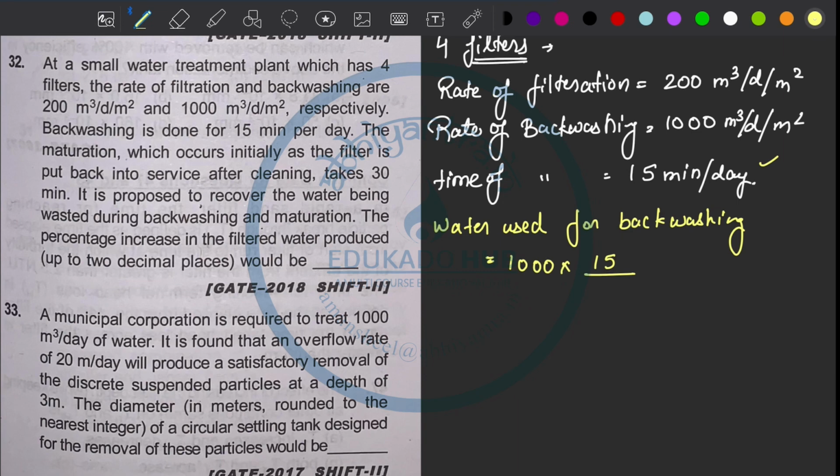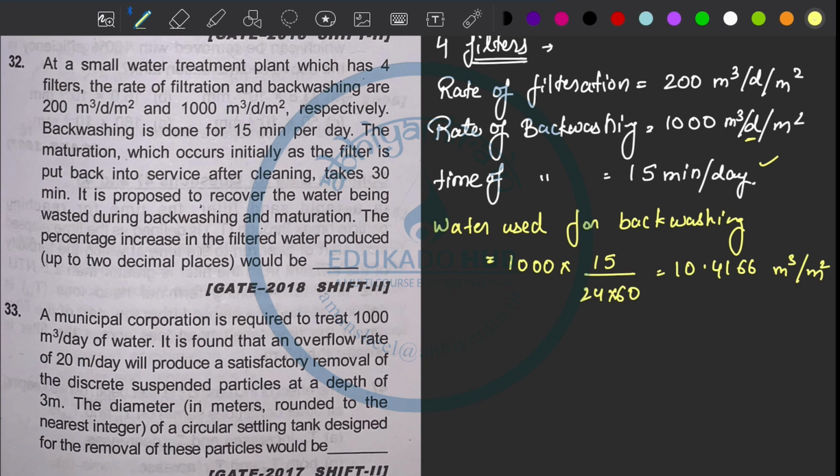I got the volume in minutes. This is 1000 per day, so I need to change it into day, which will be 24 into 60. So the value comes out to be 10.4166 meters cube per meter square.